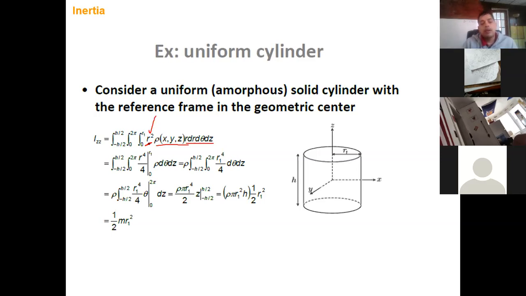Just a quick question. I'm a little confused about the density times xyz, because when we were doing IXX, we didn't throw that in there. Yes, this is the general formula. A material may not have uniform density.